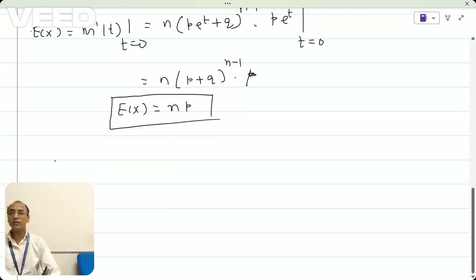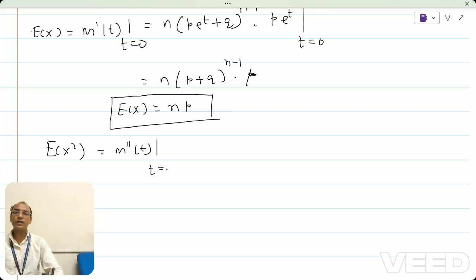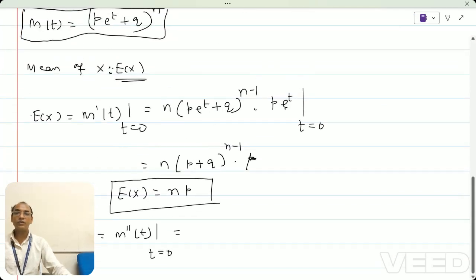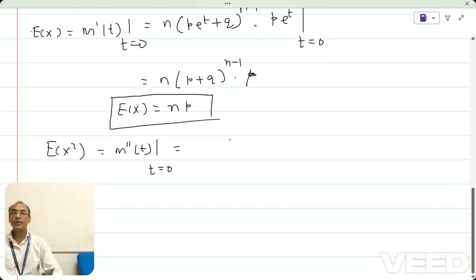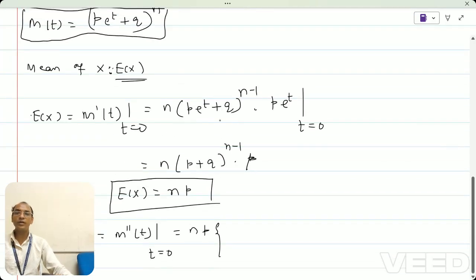Now I can calculate expectation of X square. Expectation of X square is nothing but M double derivative with respect to t, and I will put t equal to 0. So if we find the second derivative of this one, we will get this, as the first derivative is already this one. So here n into p will be outside, and the remaining thing will be the derivative of e to the power t, which is e to the power t.